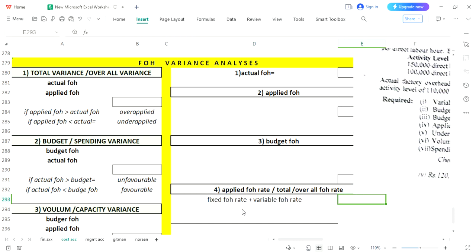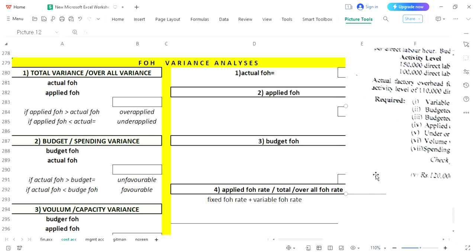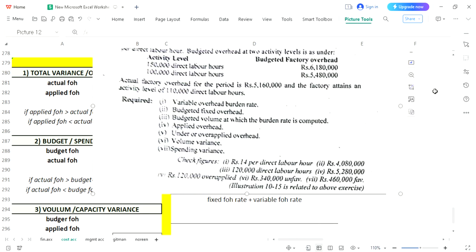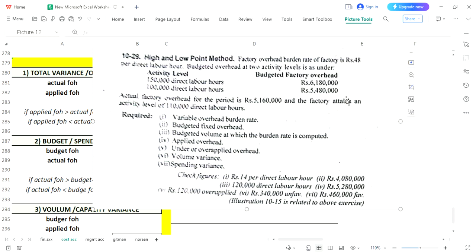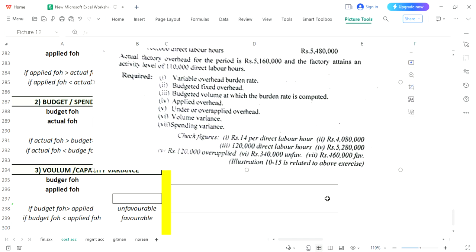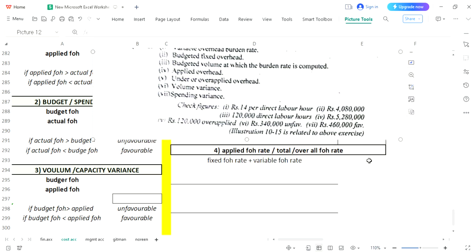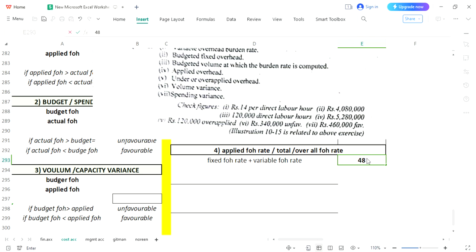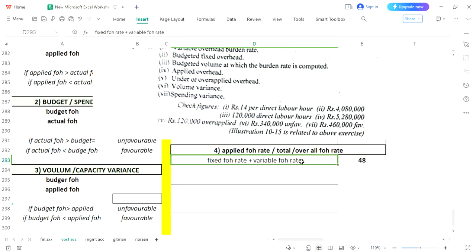Now what I had said, the rate has already been given in the question and that is 48. The rate is already available, so we don't need any formula over here. We will directly write 48 upon here. But someone of you would definitely be having in your mind, if we don't have variable FOH, several calculations will be incomplete. Because in budget FOH, you do use the variable FOH rate and it's not present in the question.